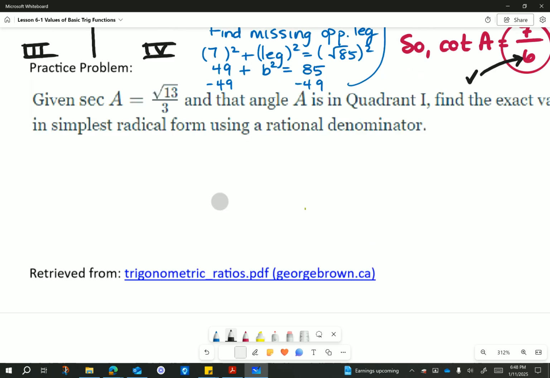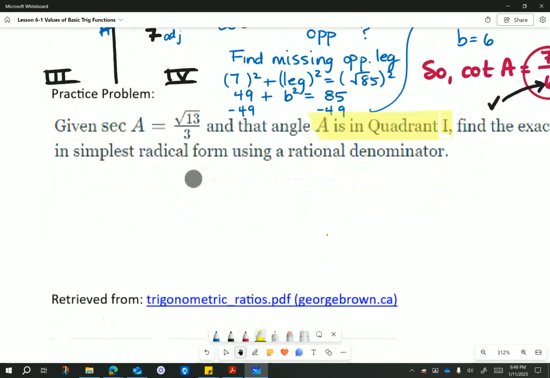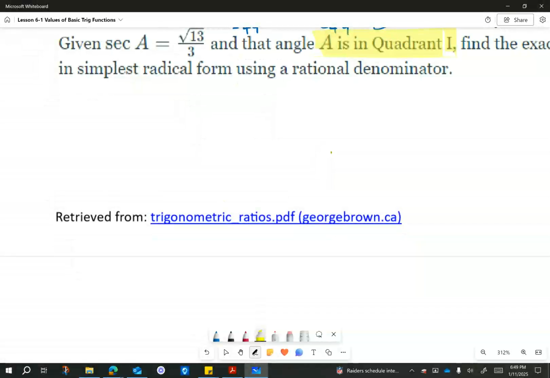So since we know our angle is in quadrant 1, remember I said in this homework set, all the angles you guys are given are going to be from the quadrant 1 perspective. So you don't have to draw 4 quadrants since you already know what the triangle is going to look like. So let me draw a little sketch.